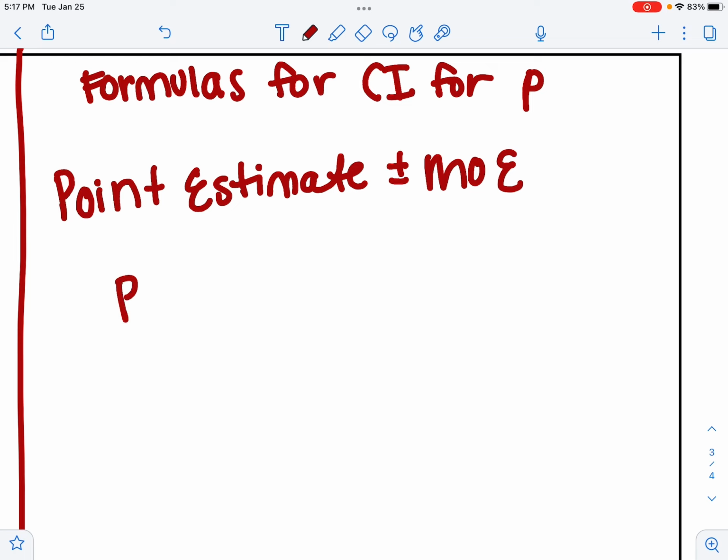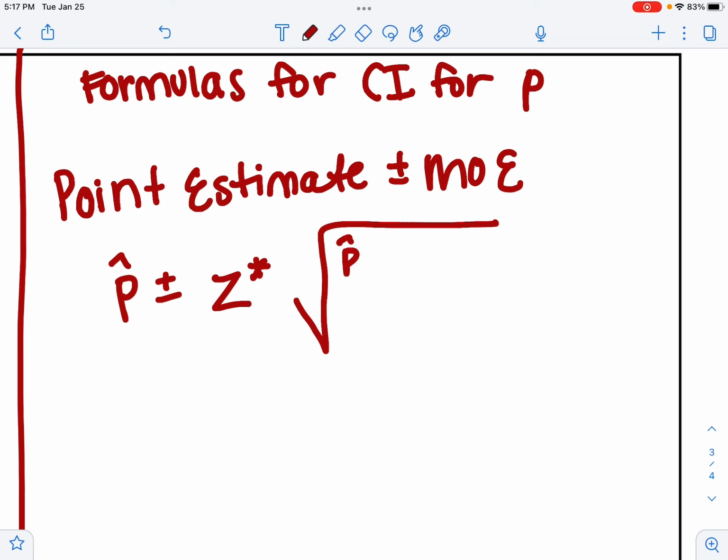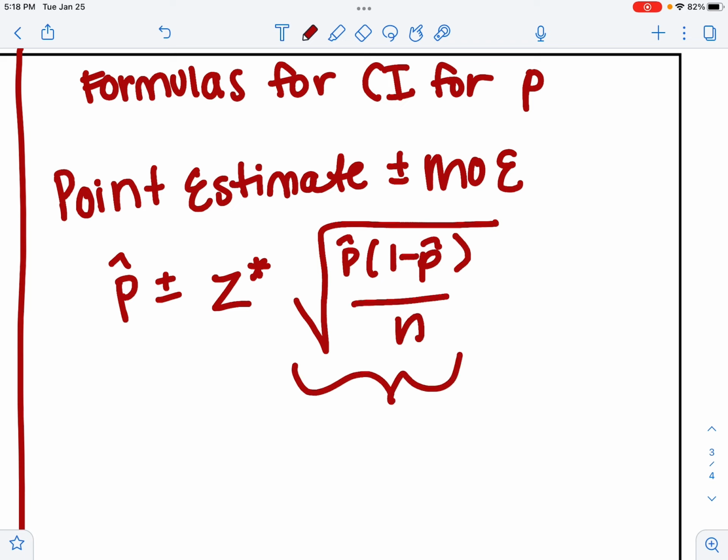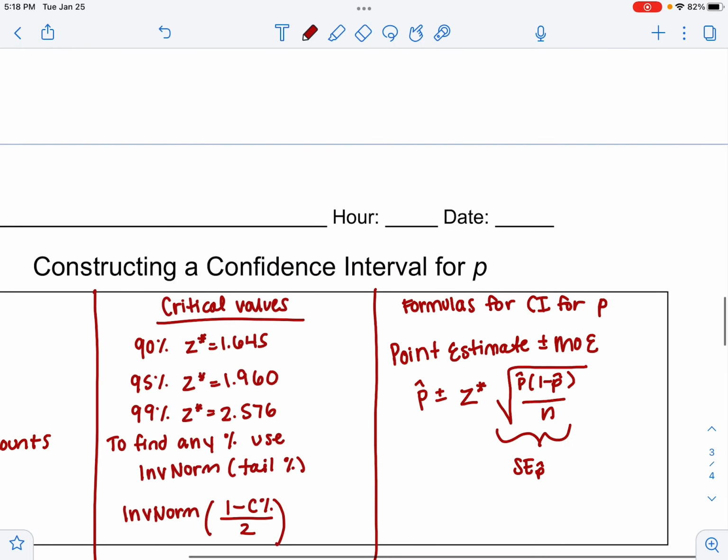And that is your p hat plus or minus the z critical value times the standard error formula. So remember this right here. That is my standard error of p hat. So really this is all you need, these two, and then you find your interval of confidence and you are good to go.